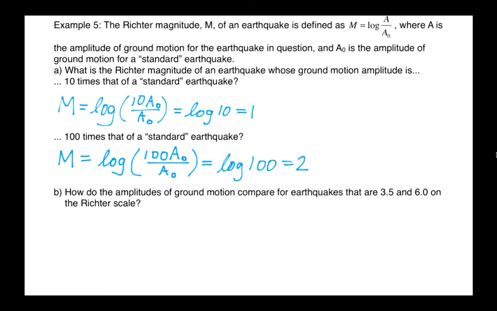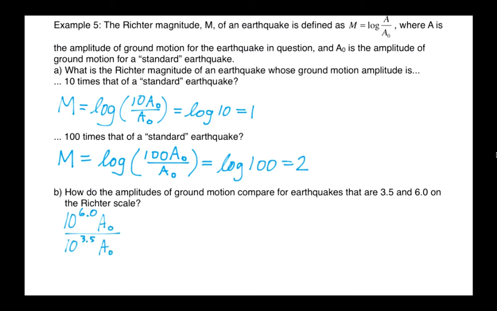So now if we go the other way around, if we want to compare the amplitudes of ground motion for earthquakes that have these Richter scale values, 3.5 and 6.0, here's what we would do.